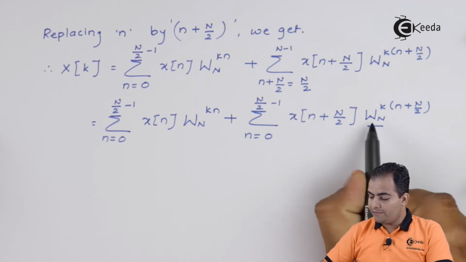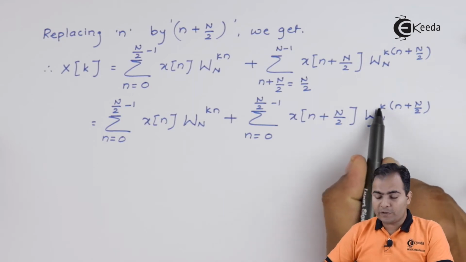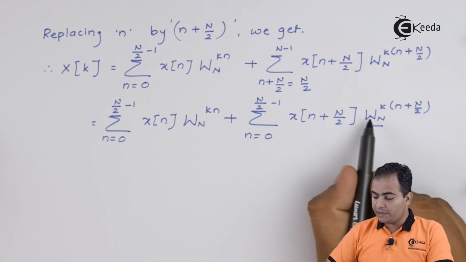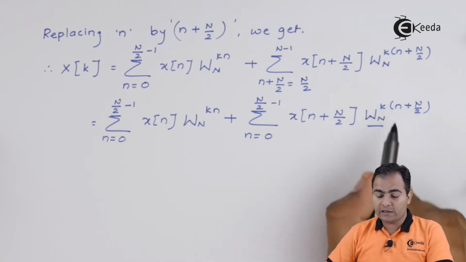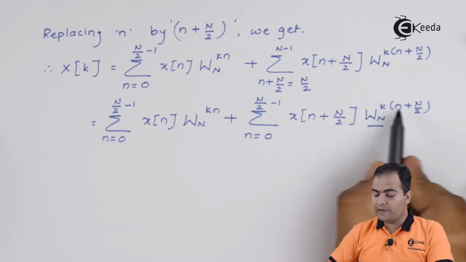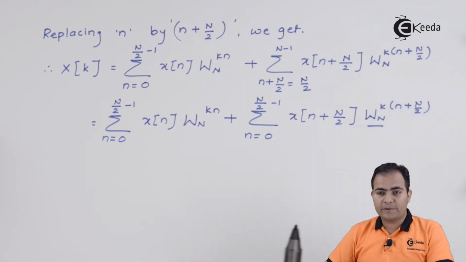Which means if we have W_N to the power kn plus kN by 2, then after splitting the powers we get W_N to the power kn into W_N to the power kN by 2. So first of all, I will multiply and then we will separate the orders.